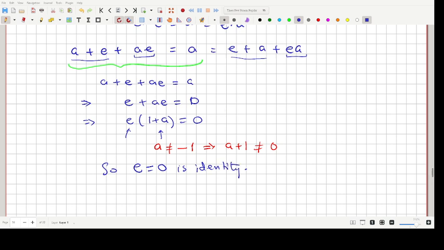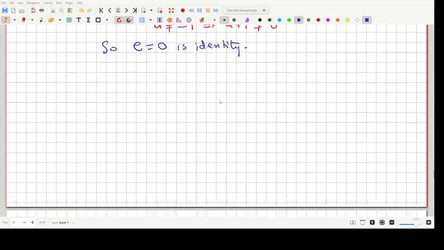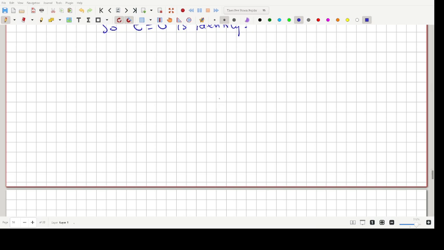All right. Now that we have shown that there is an identity element, let's try to show that the inverse of a particular element exists as well. So let A belong to capital A, and suppose B belongs to capital A is the inverse of A. Okay.